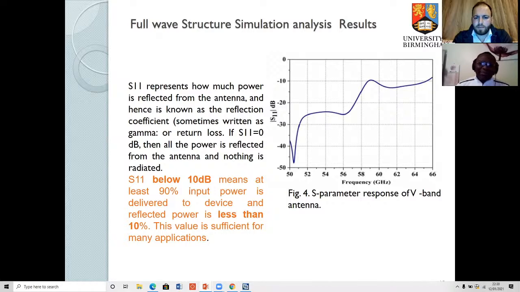As you can see, this antenna has a very good reflection coefficient because the S11 is below the minus 10 dB line. That means that 90% of the input power is delivered to the device, and its reflected power is less than 10%, which is really good.